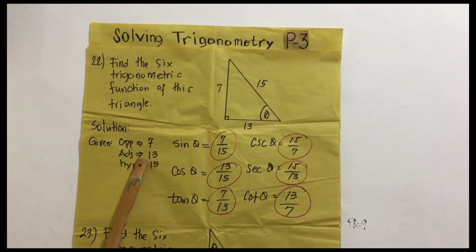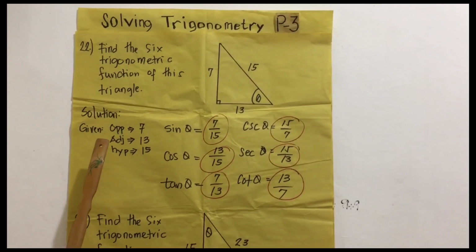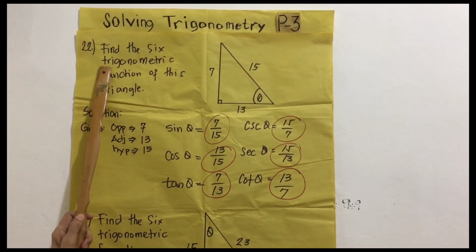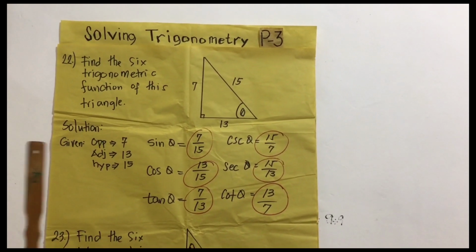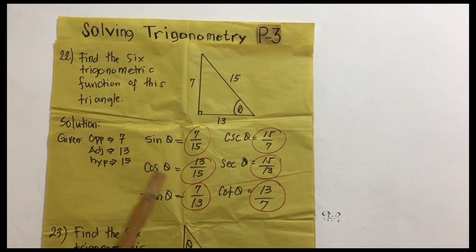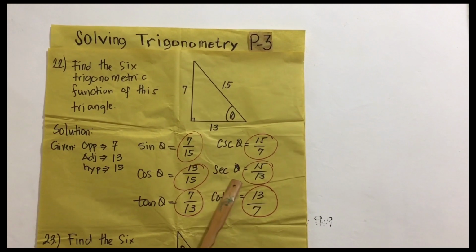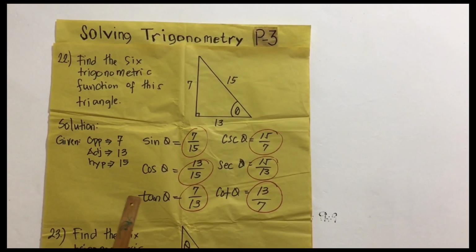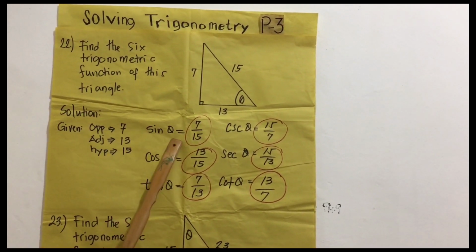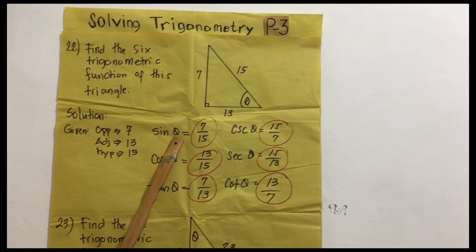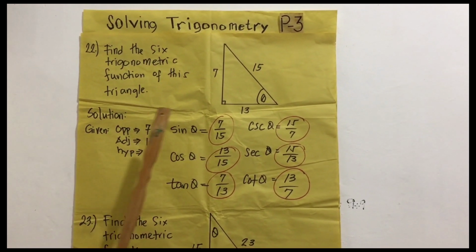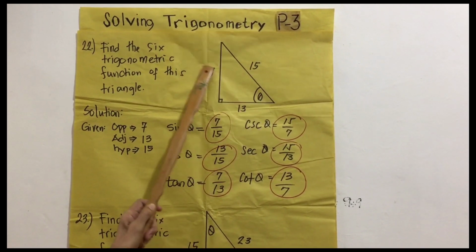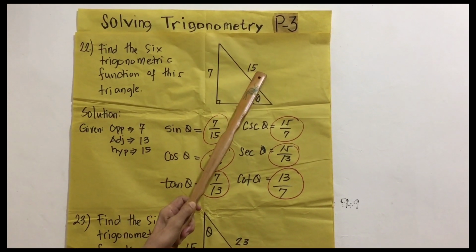Upon knowing this given, we can find out the 6 trigonometric functions. The 6 trigonometric functions are sine, cosine, tangent, cosecant, secant, and cotangent. Now, sine theta, our formula is opposite over hypotenuse.